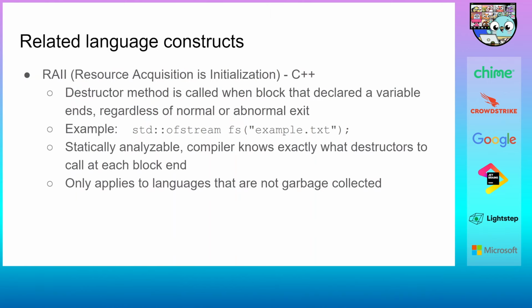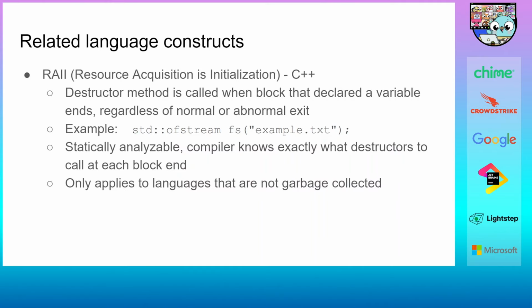If we look at other popular programming languages, there are related constructs that also try to ensure that code will be executed no matter how a function or a block is exited. C++ has a paradigm called RAII, which stands for Resource Acquisition Is Initialization. The idea here is that the acquisition of a resource, such as a lock or an open file, can be associated with the declaration and initialization of a variable in a certain scope.